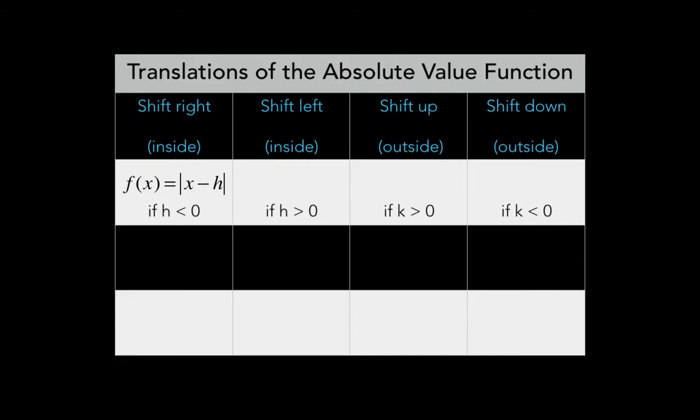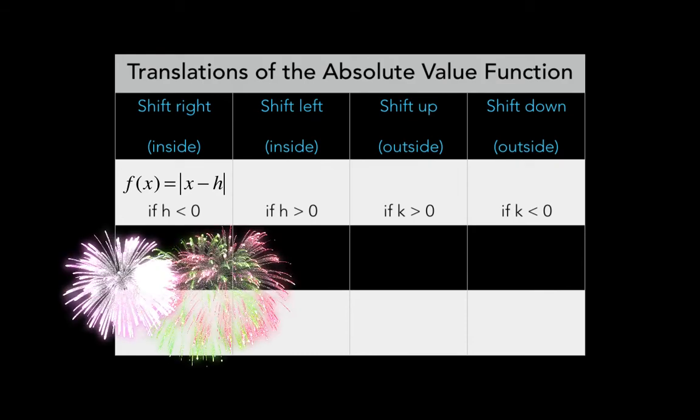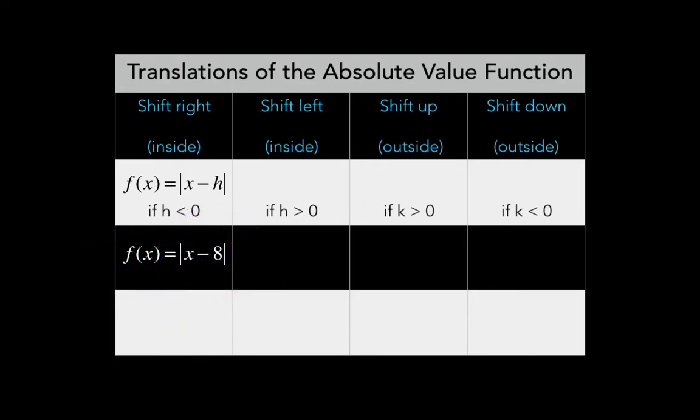You will move to the right if, inside of the absolute value, h is greater than 0. Here's an example of that. If you have x minus h, that's actually going to shift it to the right. I know it might seem a little strange, because you would think, if I want to move to the right, don't I add? Here, inside the absolute value, it's opposite movement than you would anticipate.